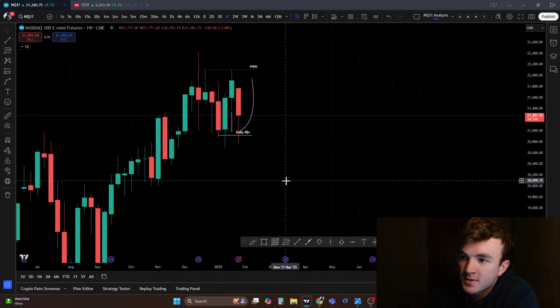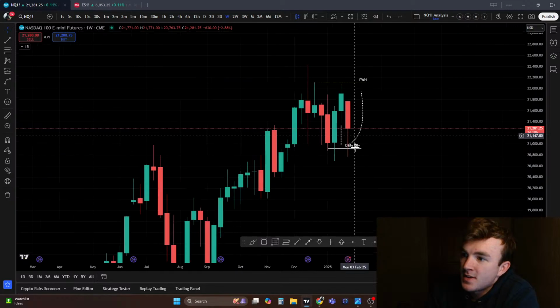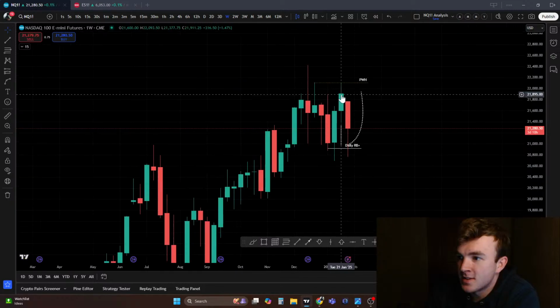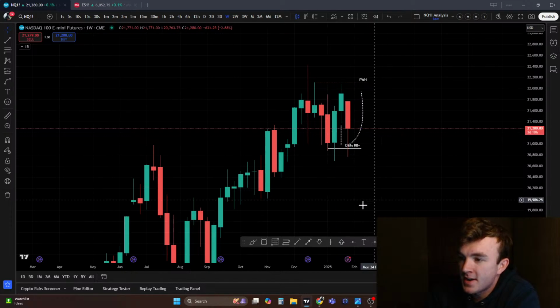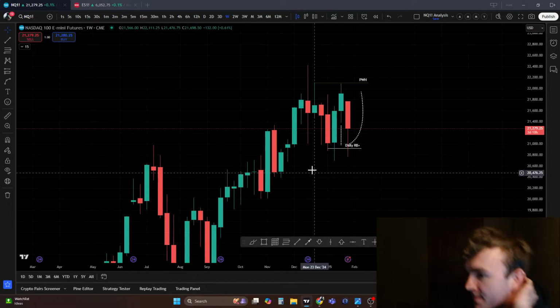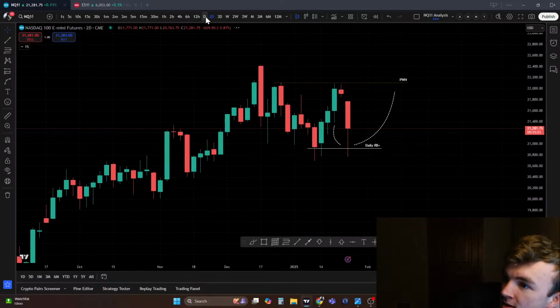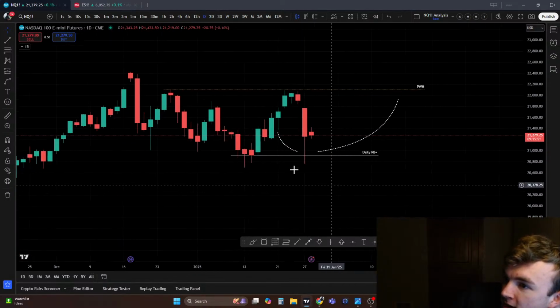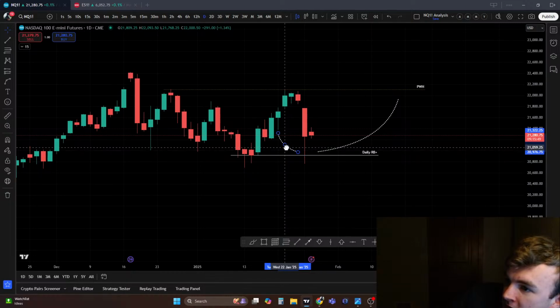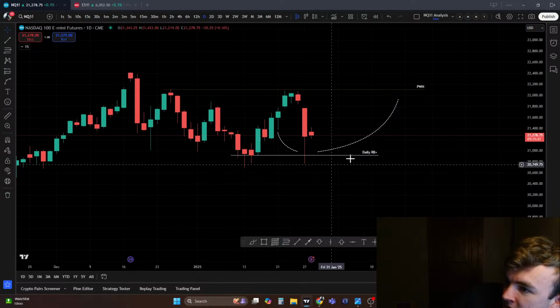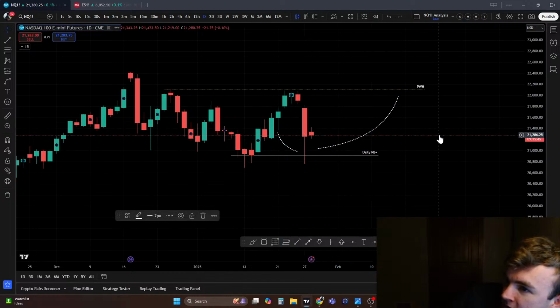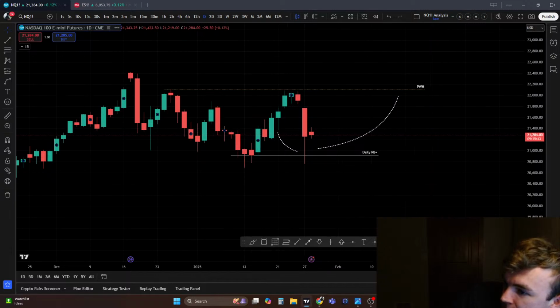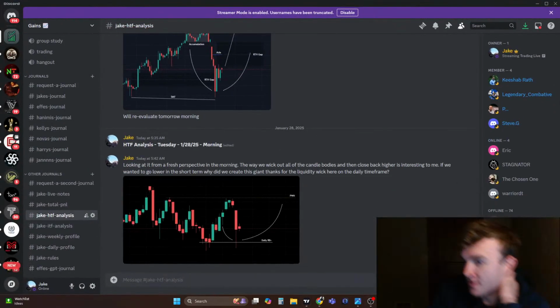It's not exactly a CRT because this candle body closes above this high. Either way, it's not super clear, and so I will be reevaluating day by day, as I should be.